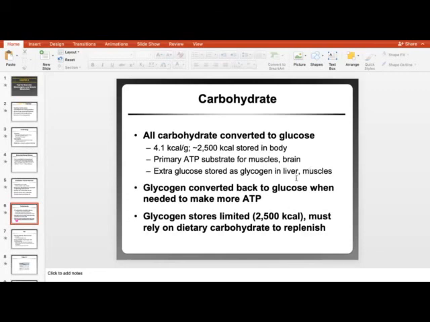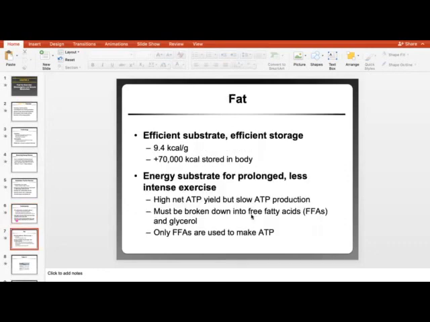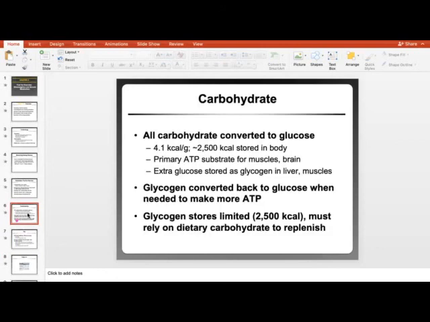But that glycogenolysis will make it so that stored glycogen can get broken back down into glucose so that I can use the glucose in my muscles and brain and have energy. Okay? But again, I really don't have enough stored carbohydrate and glycogen to not rely on those stores.